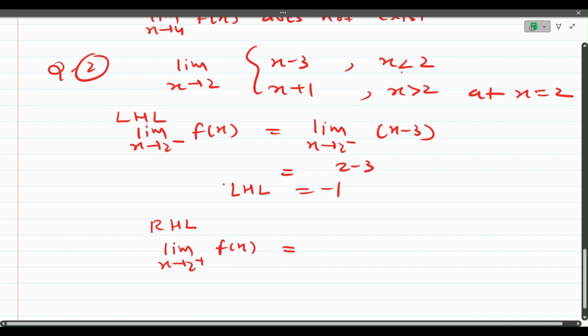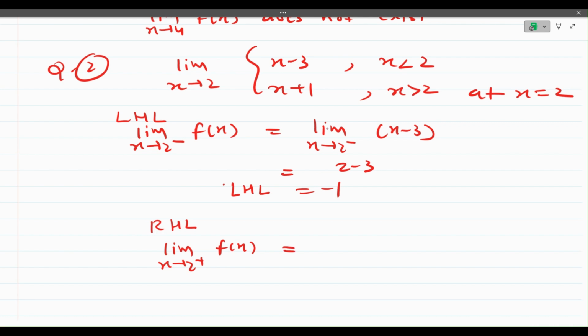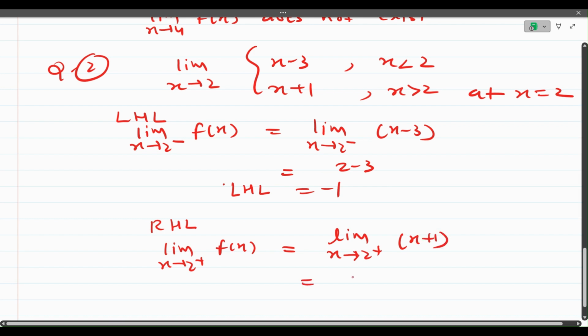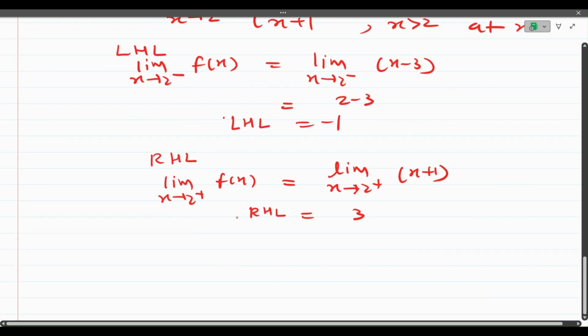If x is greater than 2, then it should be x plus 1. Now here if you substitute 2, we get 3. And the right hand limit is 3, but the left hand limit is negative 1. So the left hand limit is not equal to the right hand limit, and therefore limit x tends to 2 of f of x does not exist.